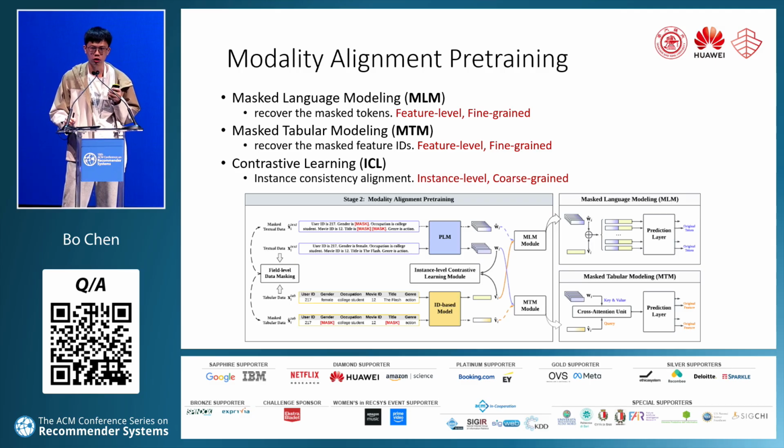And the last one is contrastive learning for the instance-level alignment, which draws positive samples together and pushes away the negative samples. The masked modeling can learn the fine-grained interactions by the way of masking and then predicting, while the contrastive learning aligns the modalities from the perspective of global consistency.